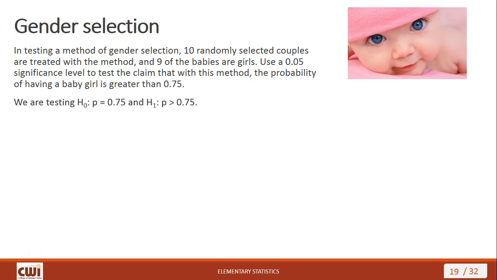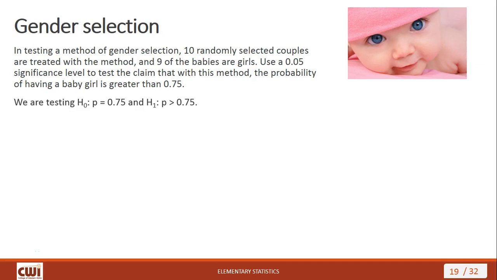So the first thing we have to do is recognize what our null and alternative hypotheses are. So here we have the null hypothesis, p equals 0.75, by definition, the statement of equality. And then from the problem statement, we're testing the claim that the probability of having a baby girl is greater than 0.75.